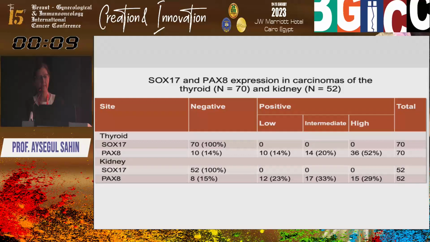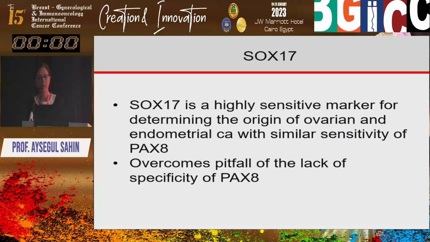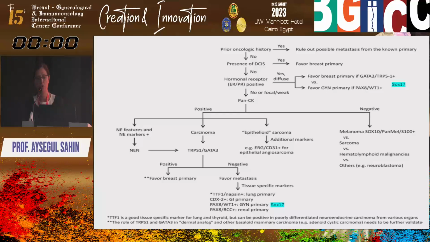When you look at the other tumors which are PAX8 positive, the SOX17 staining is negative. So it is going to be an important marker in our IHC panel. But most importantly, breast tumors are negative. So it definitely overcomes the pitfalls of the lack of specificity of PAX8 for GYN tumors.